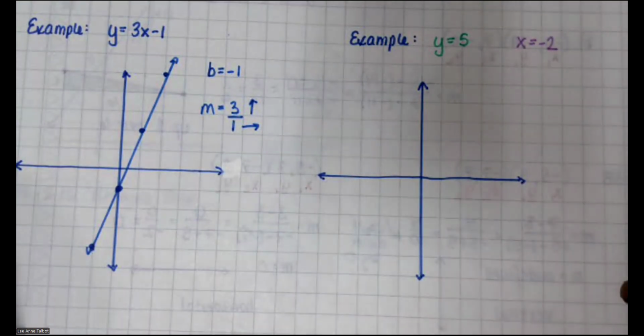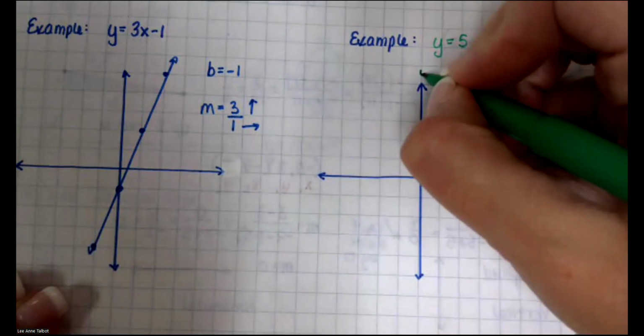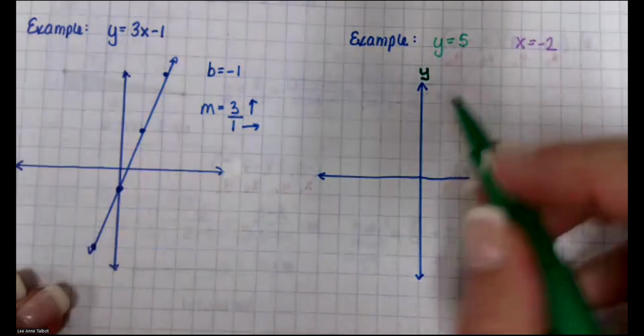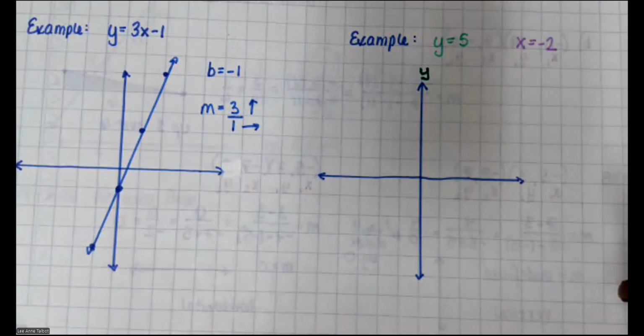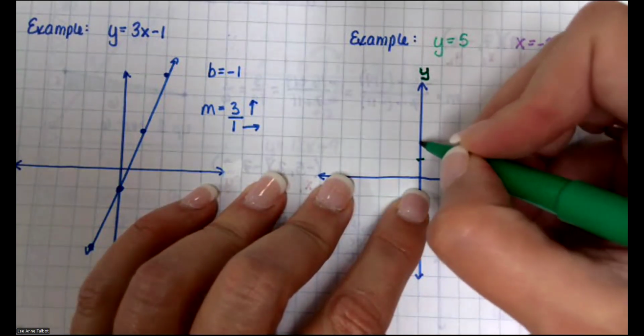Okay, so we're going to start with y equals 5 and mark your y-axis. I'm going to do this in green to match this green. And show me where y is 5.